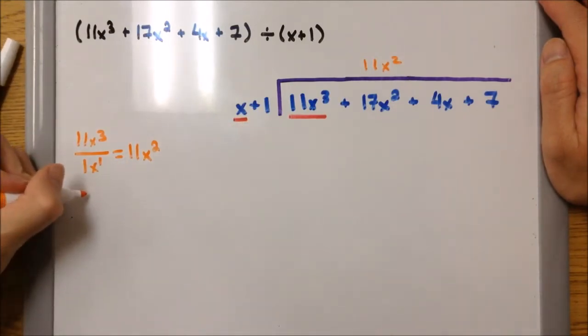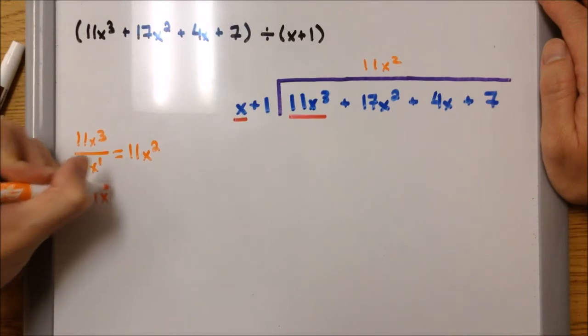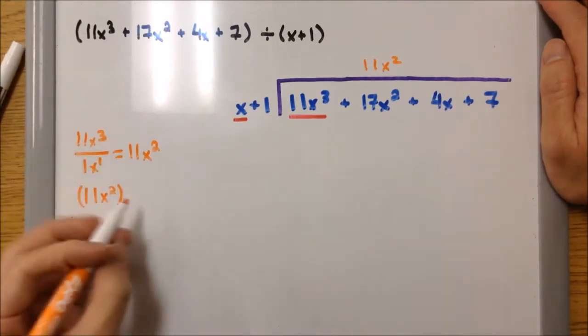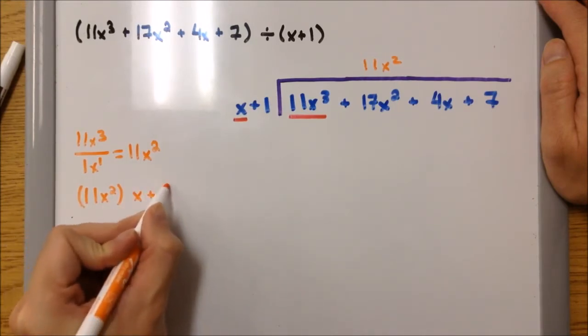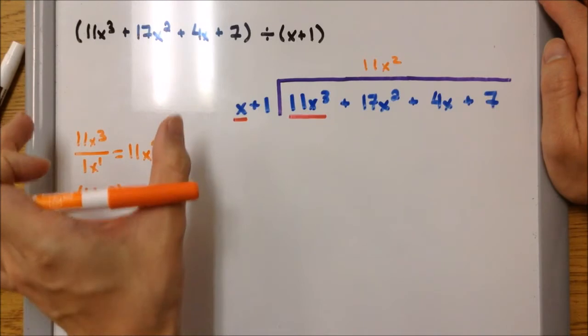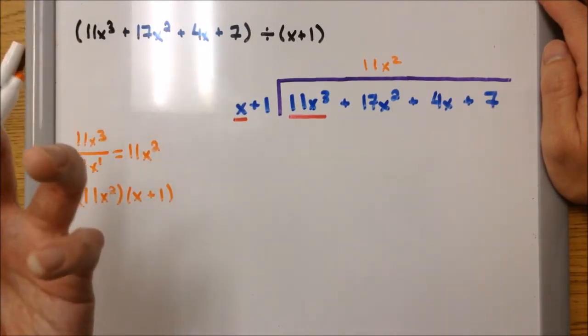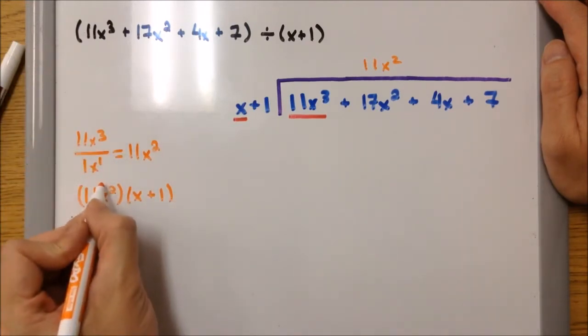So I'm going to write right here 11x squared times x plus 1. And again, I'm doing this to give you a visual of what the process is.